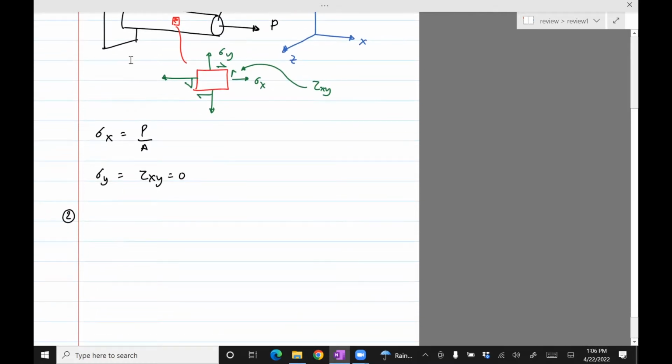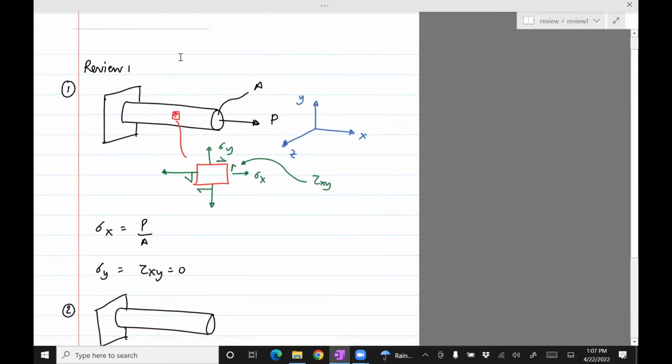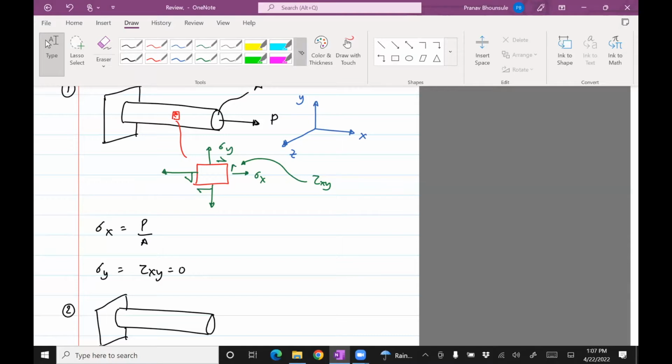So number 2, let's see what happens if you have a shaft. Subject. That's only axial loading, yeah. So we write that, yeah, it's a good point.